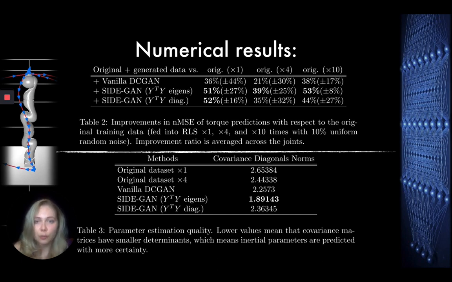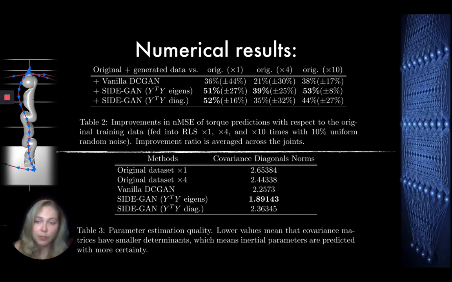So the first column is the most important one. It's literally adding the generated trajectories to the training set and checking the performance on normalized mean square error of torque predictions. The second and third columns are there to show that just adding more training data with various noise doesn't necessarily make a positive improvement.